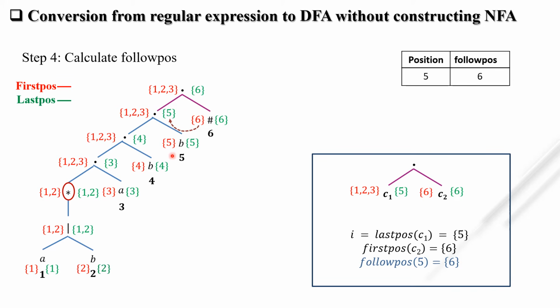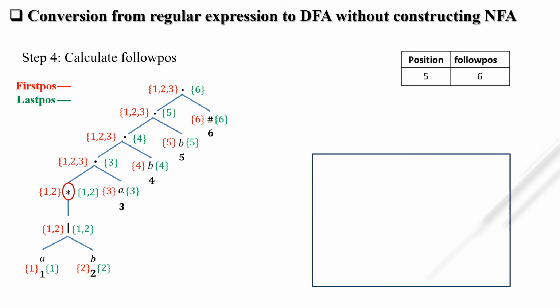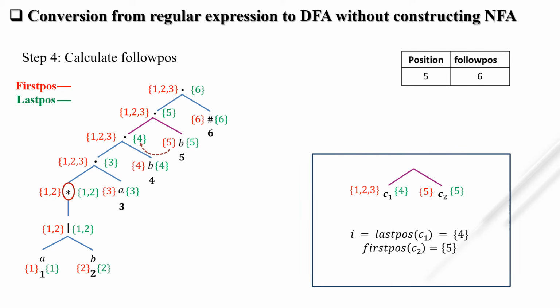So we have to put 5 in the follow position of 4. Let's see with an example. So at position 4, what is the follow position? The answer is 5.